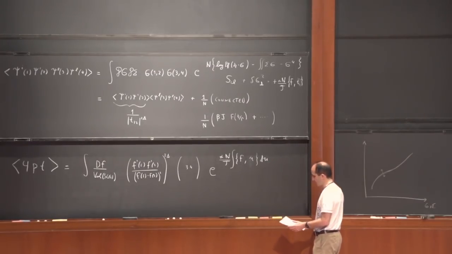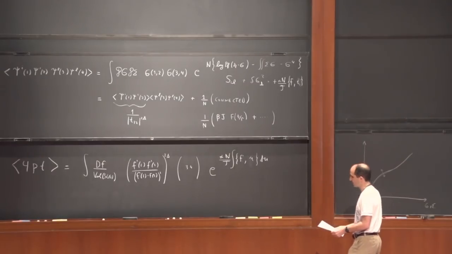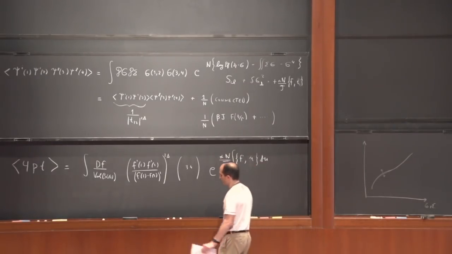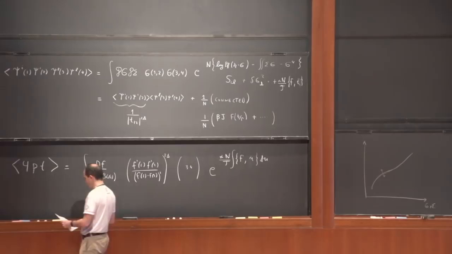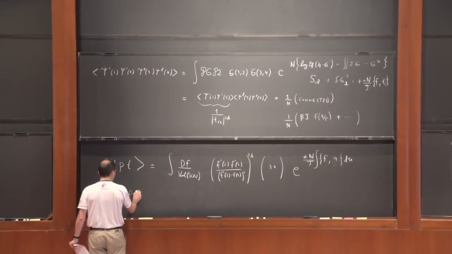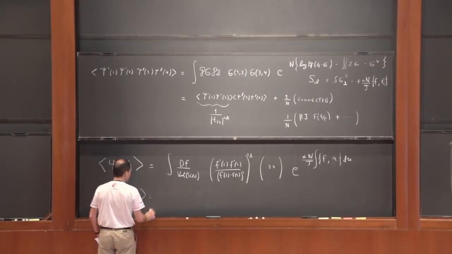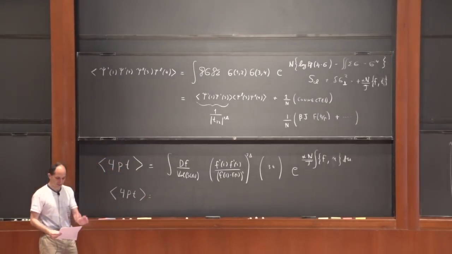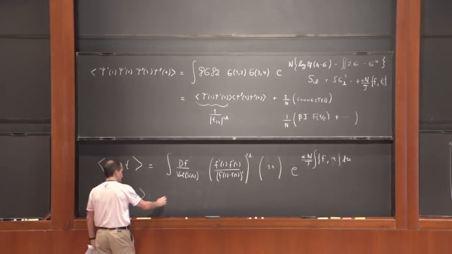And in that way, we get that 4-point function we were talking about. So I'm only going to quote the final answer, and the explanation for that final answer will be more clear once we introduce the ADS2 discussion.